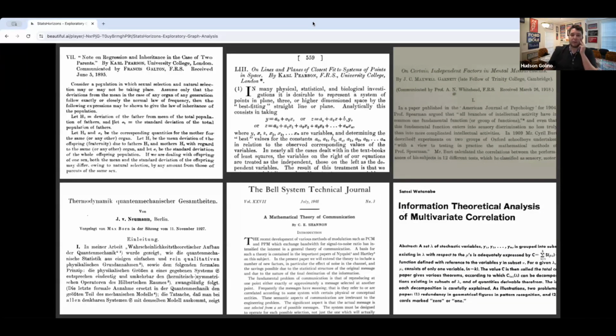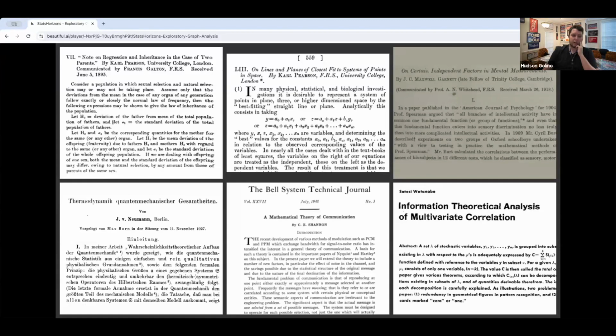We can make a brief historical overview going from the development of the Pearson correlation technique in 1895 to the system of equations, to the beginning of factor models, and also in other fields like particle physics and information theory.